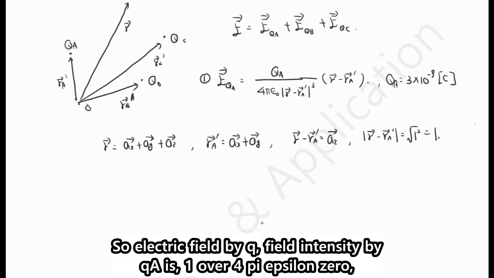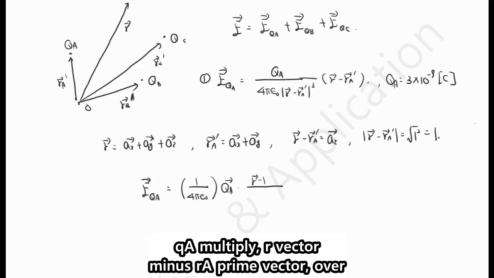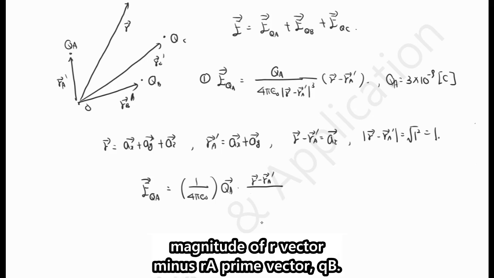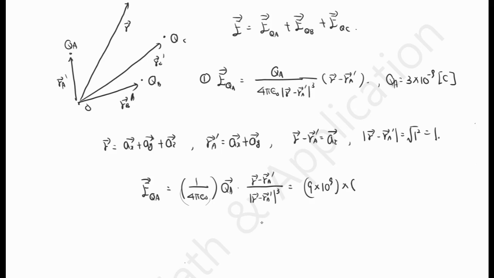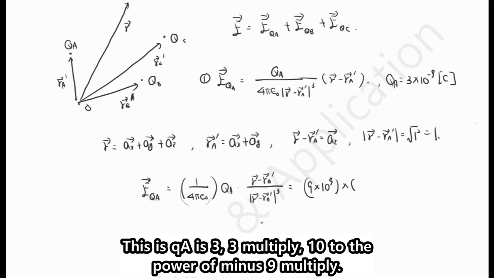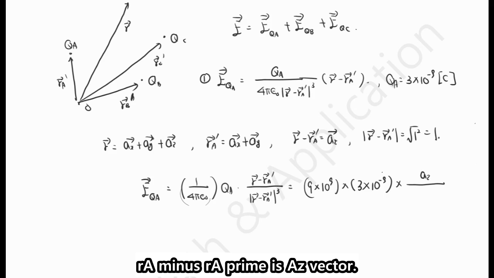So the electric field intensity by QA is 1 over 4 pi epsilon 0 times QA, multiplied by R vector minus RA prime vector over the magnitude of R vector minus RA prime vector cubed. 1 over 4 pi epsilon 0 is 9 times 10 to the power of 9, QA is 3 times 10 to the power of minus 9, and R minus RA prime is AZ vector.